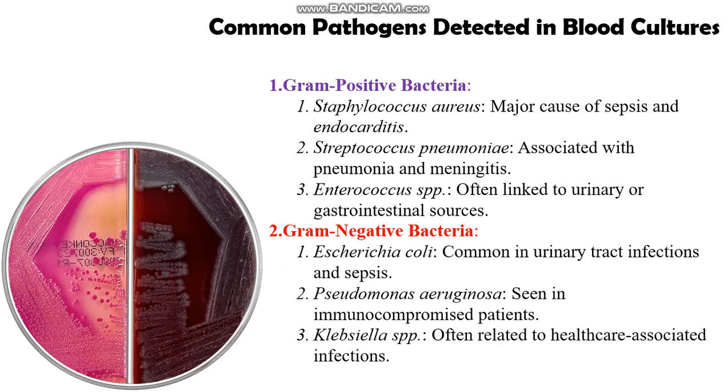Gram-negative bacteria, on the other hand, play a significant role in sepsis. E. coli is the most common gram-negative pathogen, particularly in cases of sepsis originating from urinary tract infections. Pseudomonas aeruginosa is frequently seen in immunocompromised patients, and Klebsiella species are commonly implicated in healthcare-associated infections.